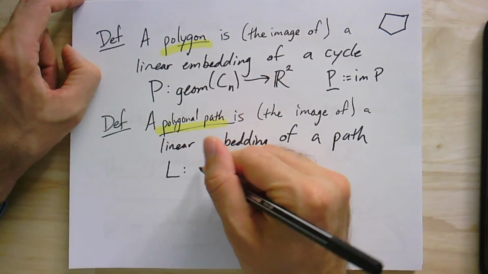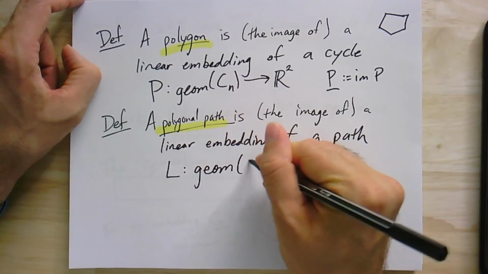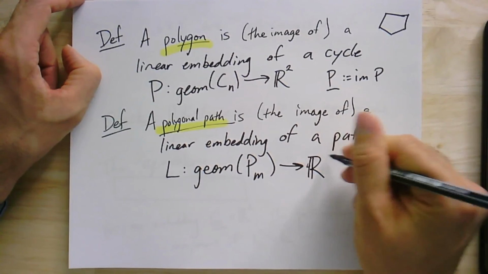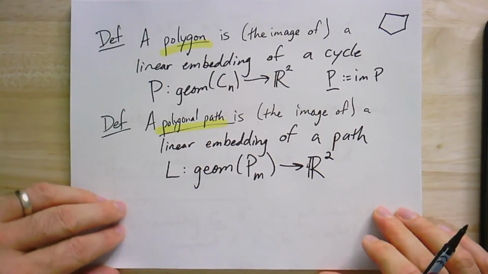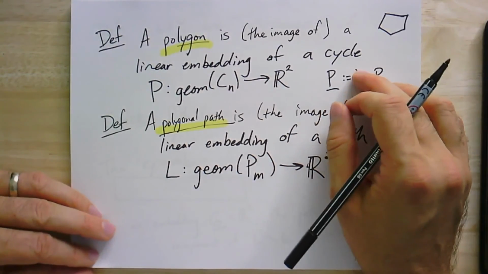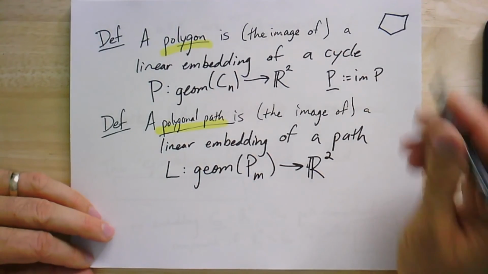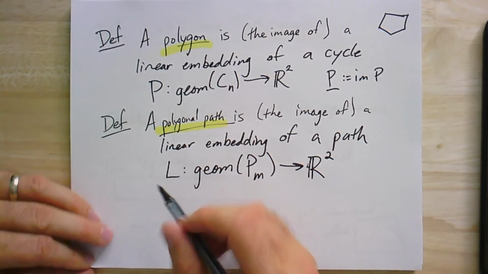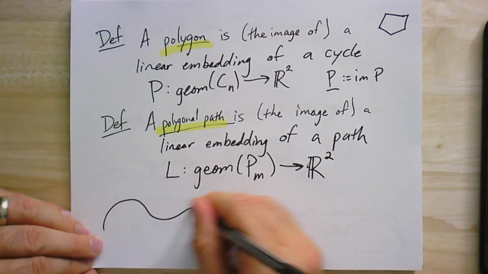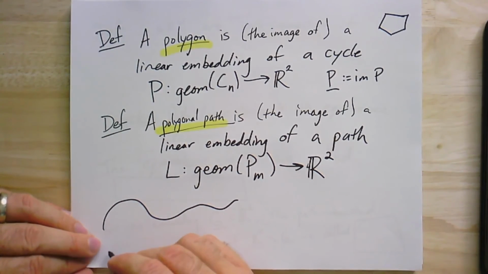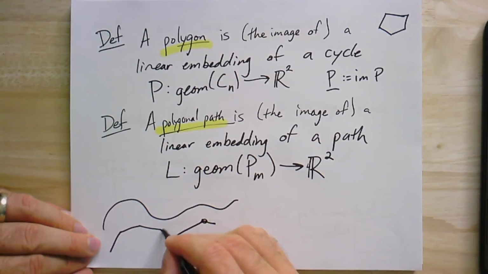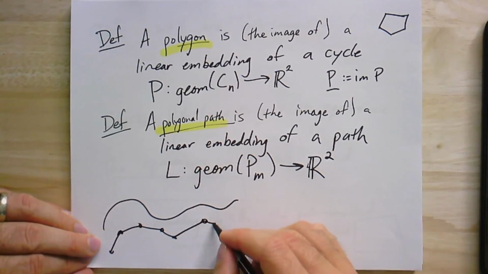So think of it like the geometric realization of P_m into the plane. All right. This is going to simplify some ideas for us. It's going to allow us to talk about curves and paths in a really discrete way, because rather than having to consider all possible curves like this, we can just think about ones that take straight lines between points.